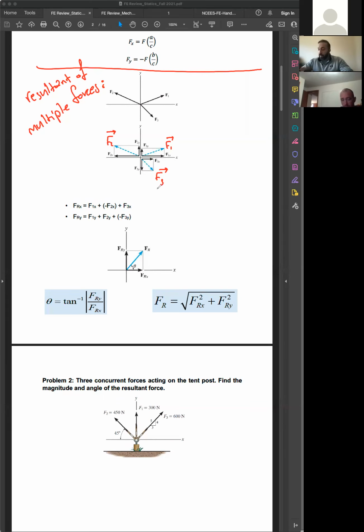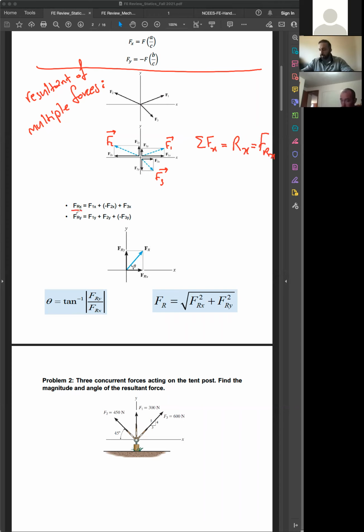All right. What you do is find the projections of these vectors, and then the summation of forces in the x direction is going to be your Rx, or we can show it as Frx, same thing.